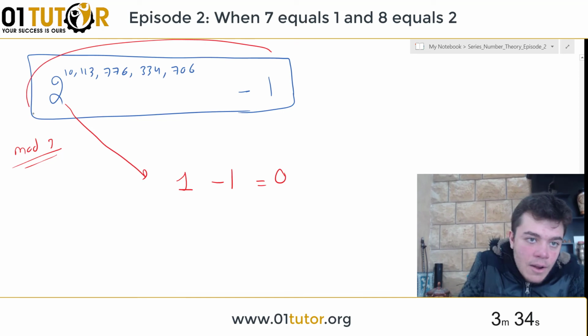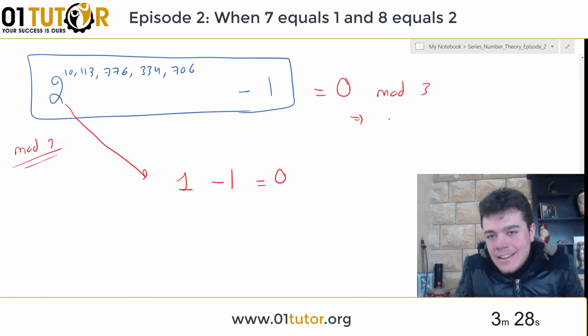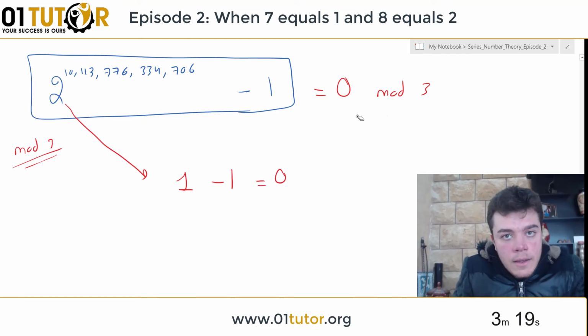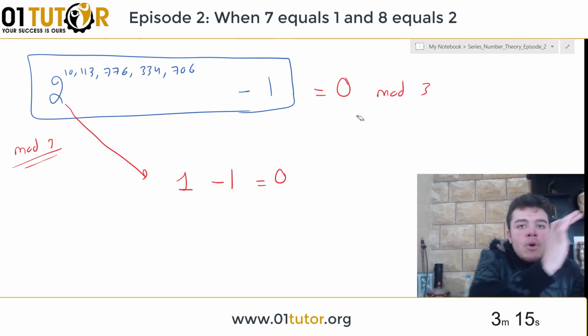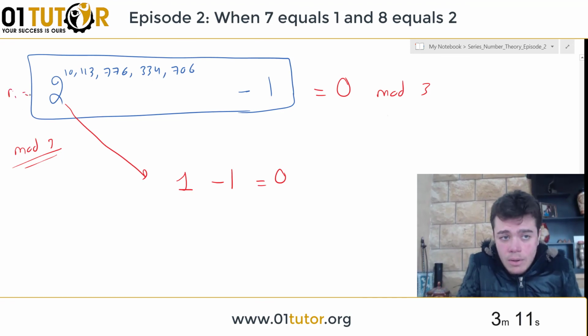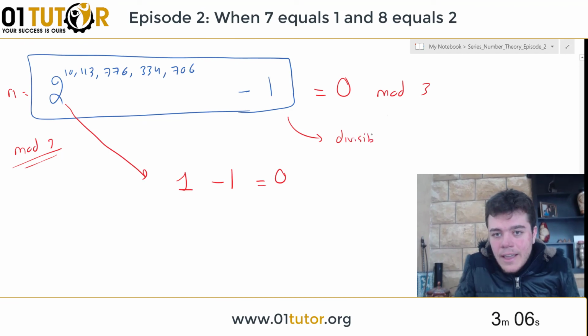And since the resulting number is equal to 0 mod 3, we know without any calculations that this number, 2 to the power whatever this is minus 1, is indeed divisible by 3. Because n is divisible by k when n is 0 mod k, and this is 0 mod 3, therefore this number is divisible by 3.